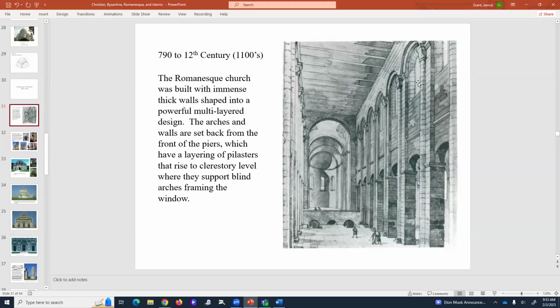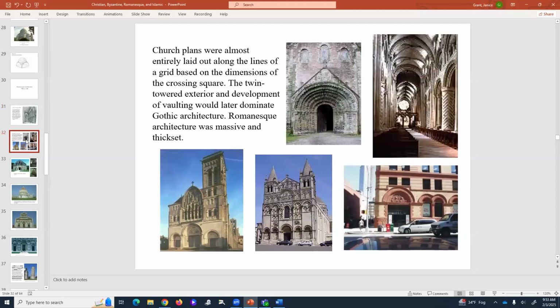So it's still very dark with thick walls until we see later the ceiling construction open up a little bit more. Church plans were almost entirely laid out along the lines of a grid based on the dimensions of that crossing square.